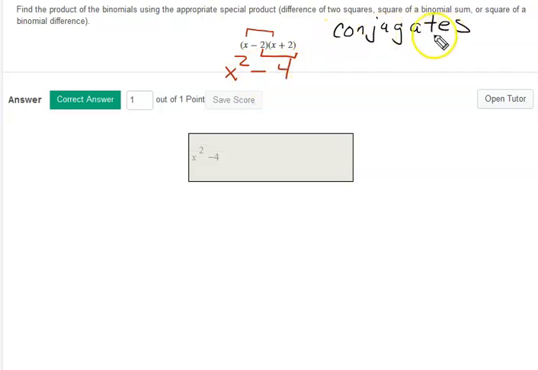Now, when we square conjugates, which are the sum and difference of the same terms, the product, we get the difference of perfect squares. So later, when we have to factor the difference of perfect squares, they will factor into its conjugates. That's where we're going in our next unit. And this person had that correct.